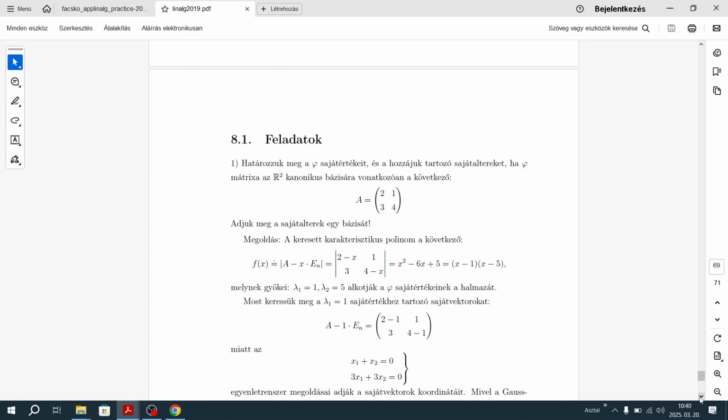So it means we have the A matrix, we have this value, I subtract the lambda, and also I subtract the lambda. And this should be 0. This is the characteristic polynomial.